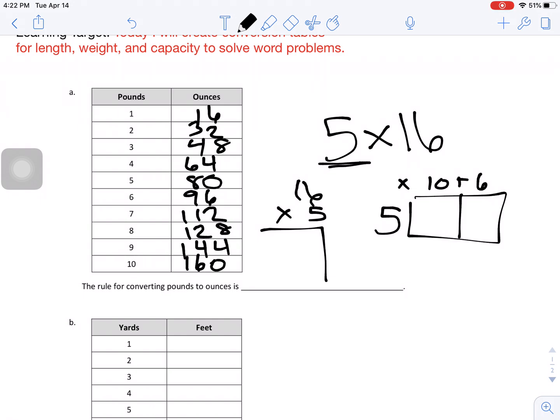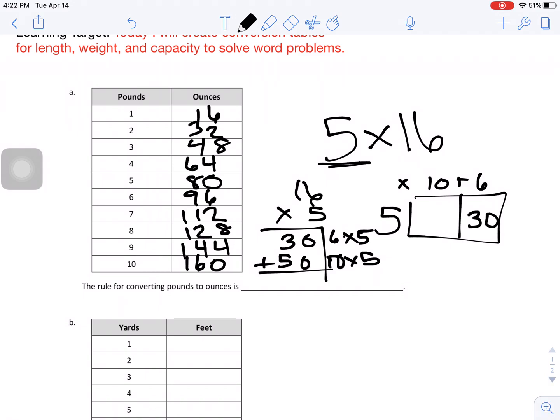On the partial product, I would go 6 times 5, and that is 30, or on the area model, 6 times 5 is 30. And then I would do the next place, which would be 10 times 5, and that is 50.